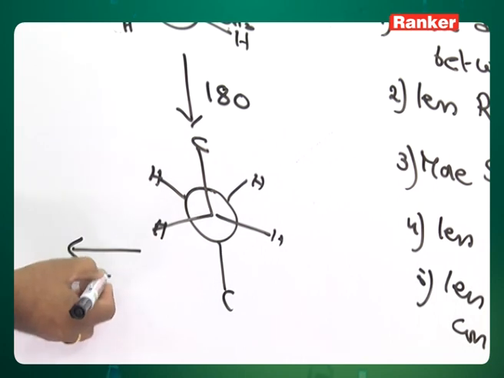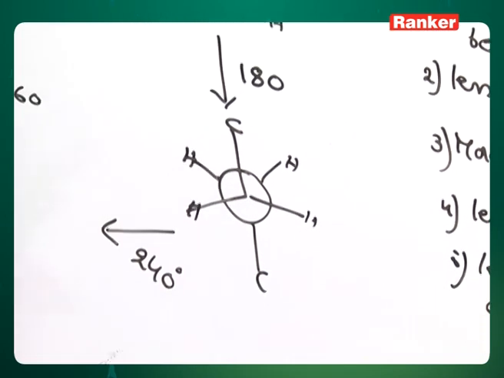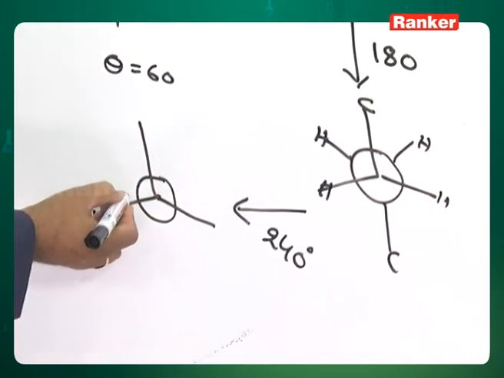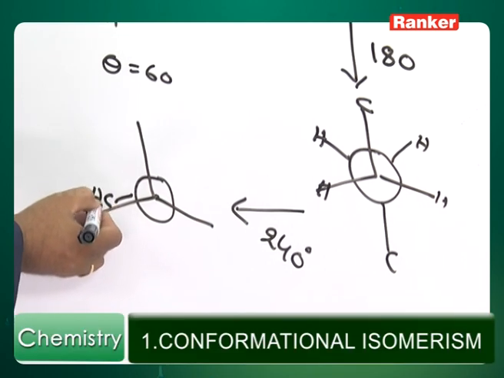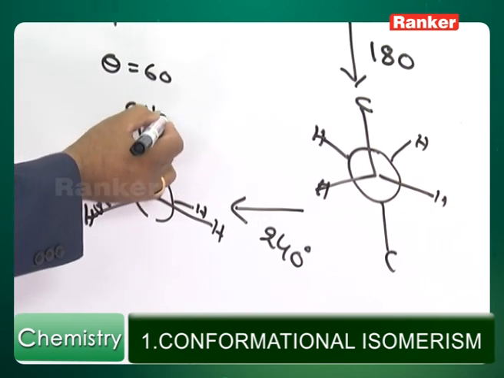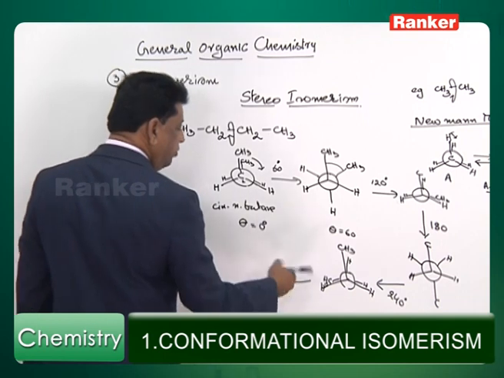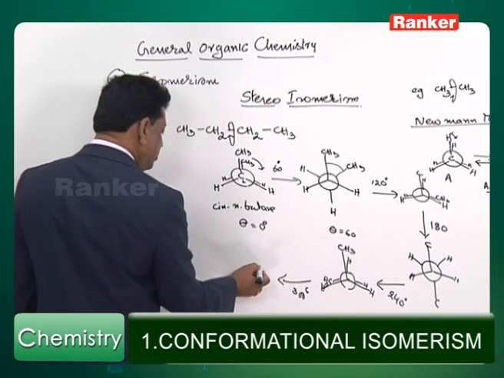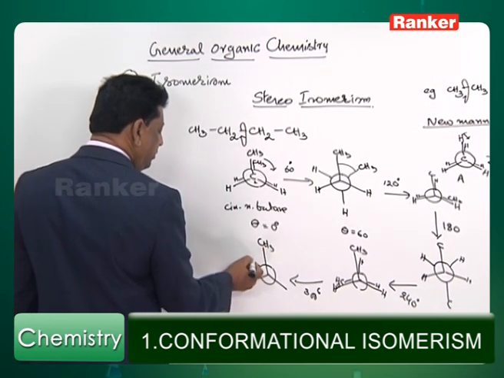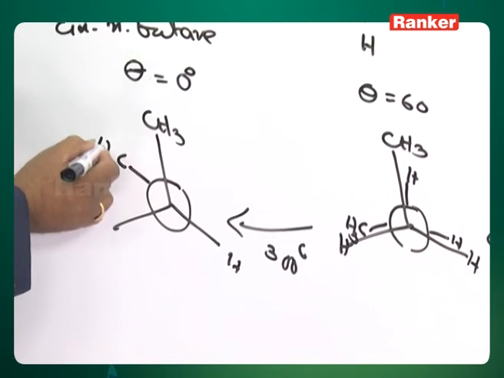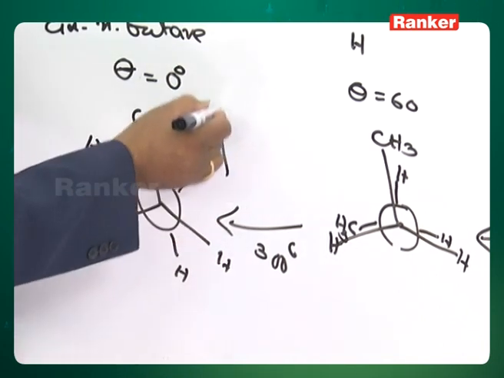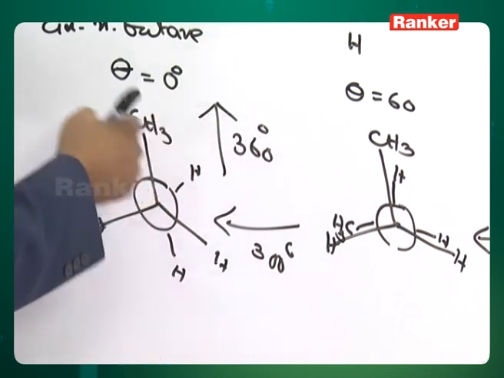If I rotate one more 60, that is 240 degrees, then keeping the first methyl as a standard, the second methyl comes behind this hydrogen. Rotate one more 60, that is 300 degrees. You will get the first methyl as a standard, on top, and the second methyl will be opposite to this hydrogen. And if you rotate 360 degrees, you will get back the original one.